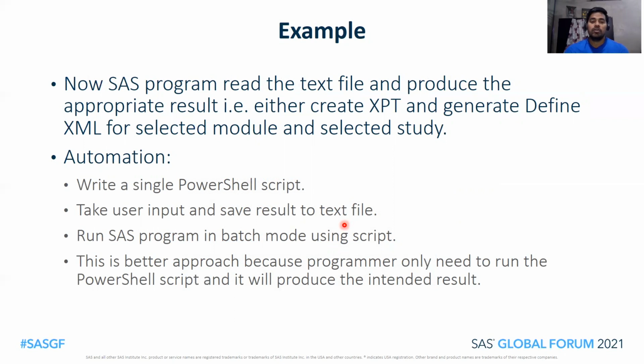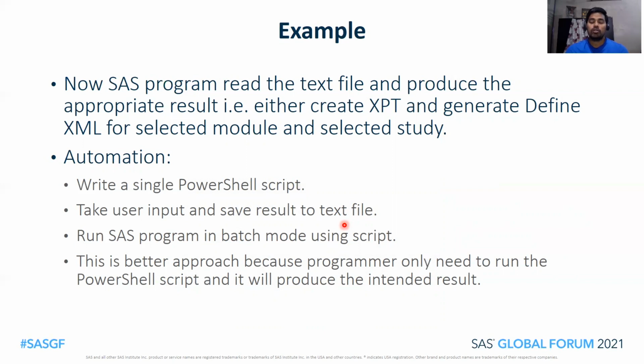In this approach, two programs have been executed by the programmer. The first one is the PowerShell script, which defines the window and saves the result to a text file. The second one is the SAS program, which uses the text file and produces the appropriate result.